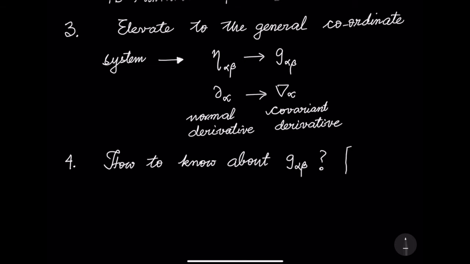Just to remind you, when I say how do I know about G alpha beta, remember that the metric is a symmetric second rank tensor which has 10 components. So how do I know these 10 functions? 10 functions that I want to know. That is a question.